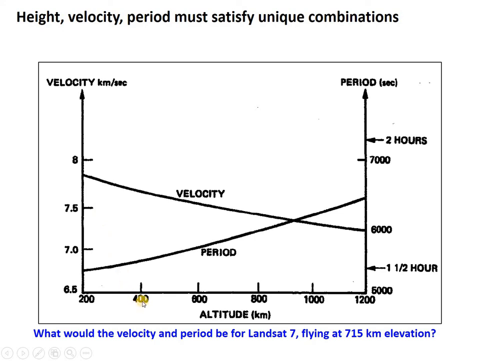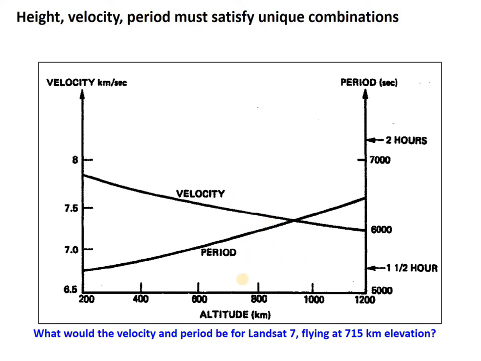What it shows is that if you fly a satellite at a unique altitude, say 400 kilometers, 600, or 800 kilometers, that defines a very specific velocity. And then the combination of the velocity and the height define a very specific period.